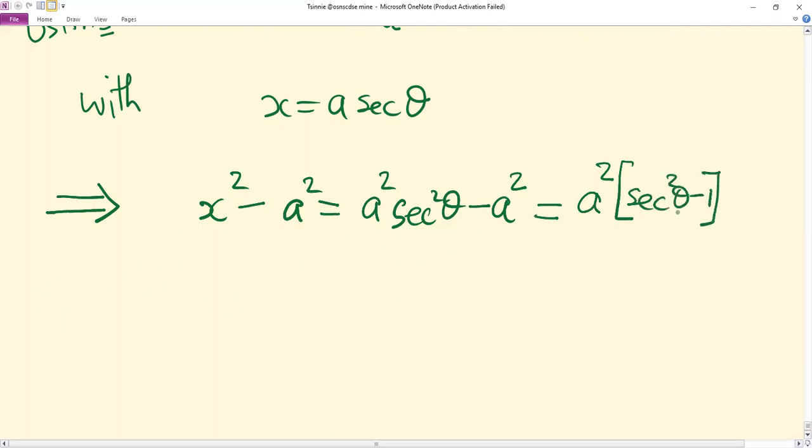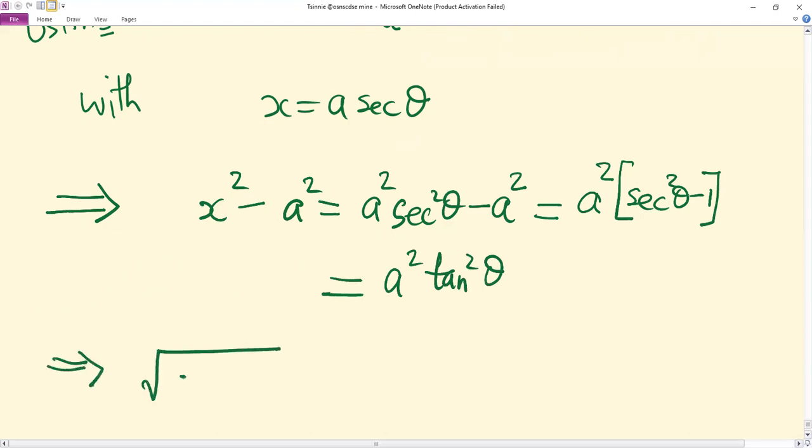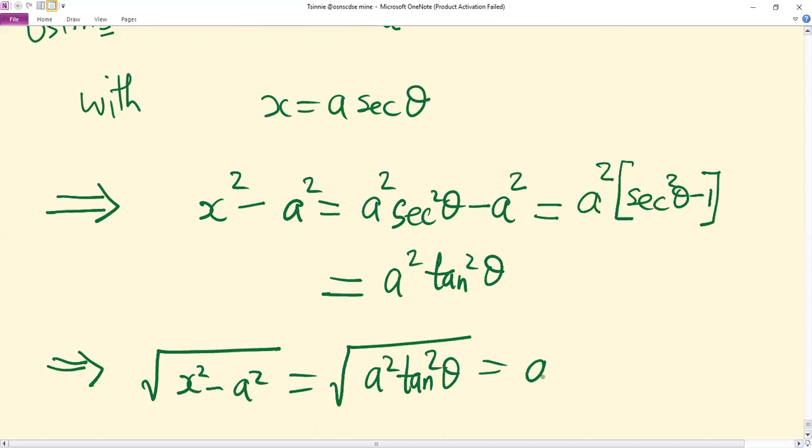But you see, the definition of sec squared theta minus 1 is tan squared theta. So this will be a squared tan squared theta, which implies the square root of x squared minus a squared is the square root of a squared tan squared theta, which will be a tan theta, or a times the absolute value of tan theta, if we have to respect the solution for the square root, which can be either plus or minus.